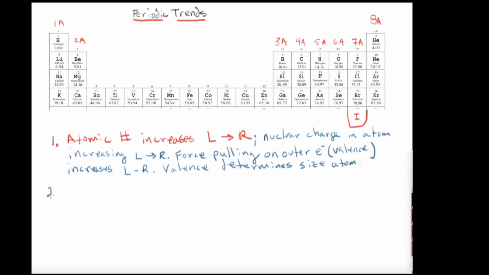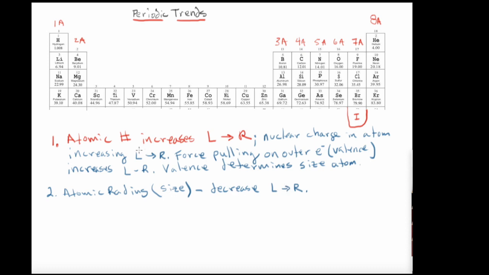Okay, number 2. So atomic radius is the technical term for it. I like to characterize this as just calling it the size of the atom because it's easier for people to understand. All right, and this is going to decrease left to right. Now, for those of you that are thinking at this point and using your brain, it should be obvious why the size of the atom is decreasing left to right.